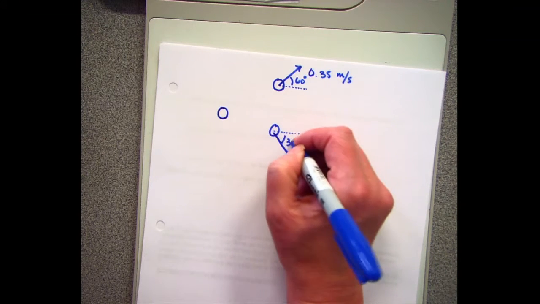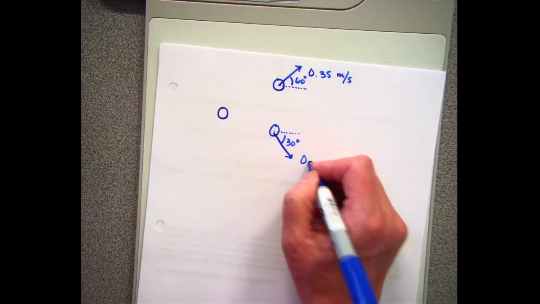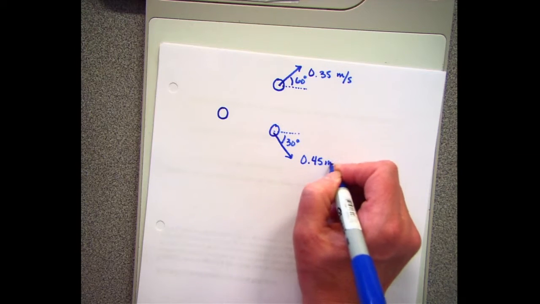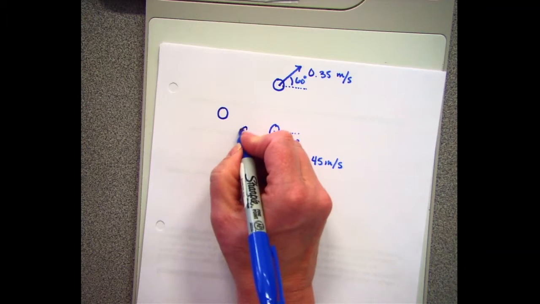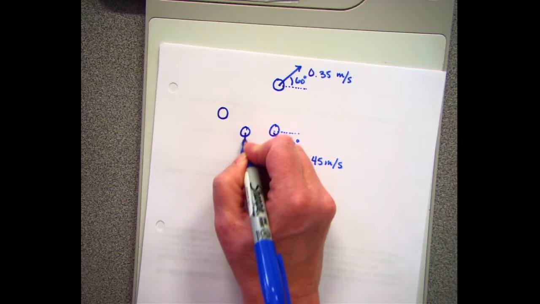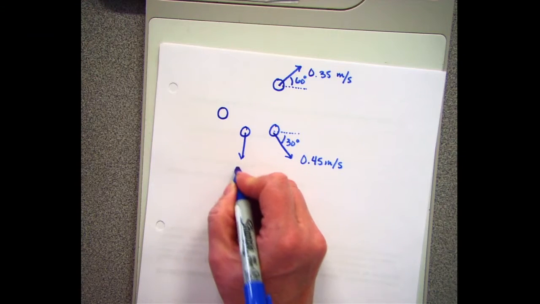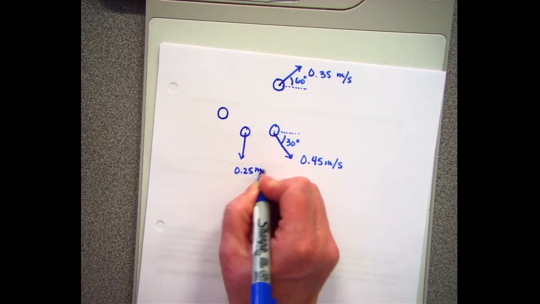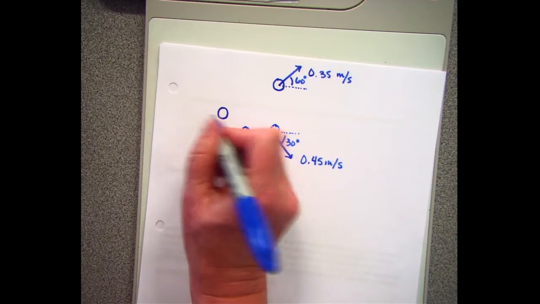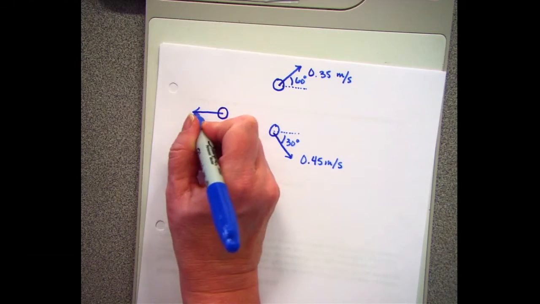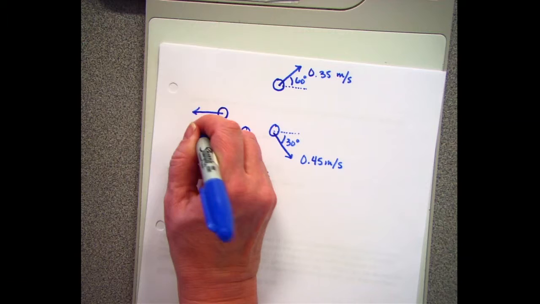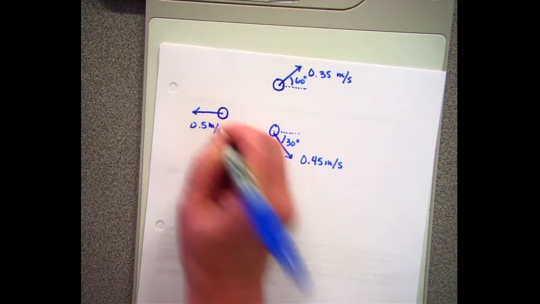This one is going to be a 30-degree angle, and it's going off at 0.45 meters per second. This one's going off at 0.25 meters per second. And this one's bouncing back at 0.5 meters per second.